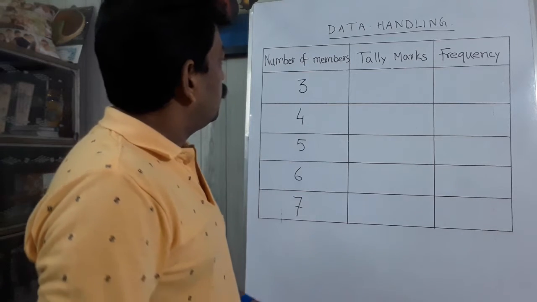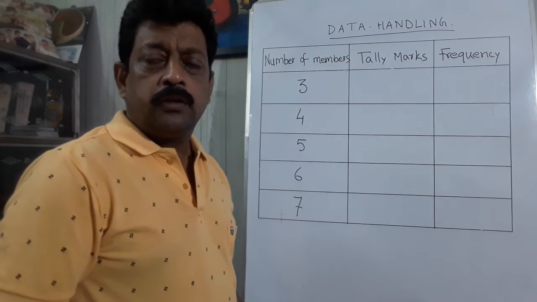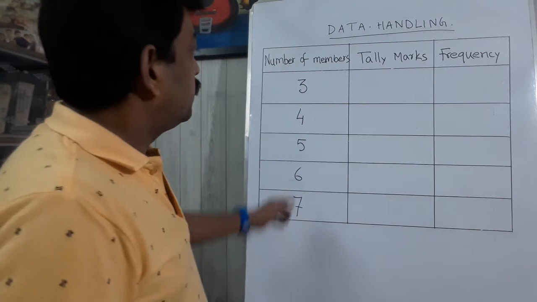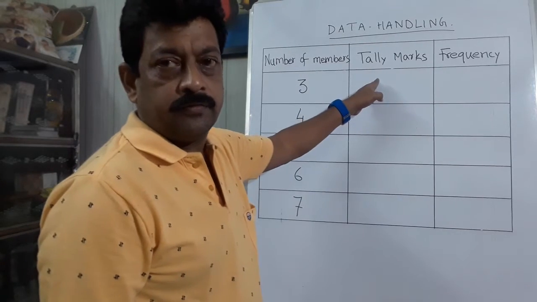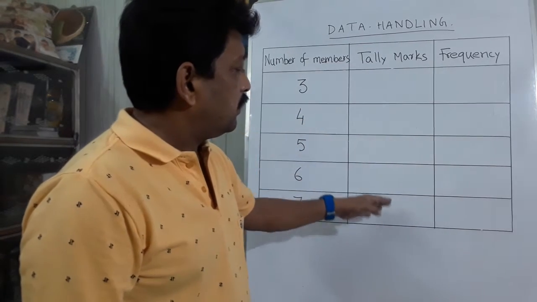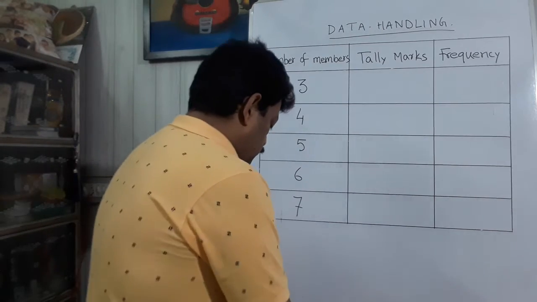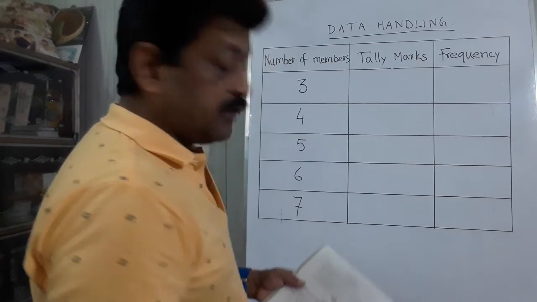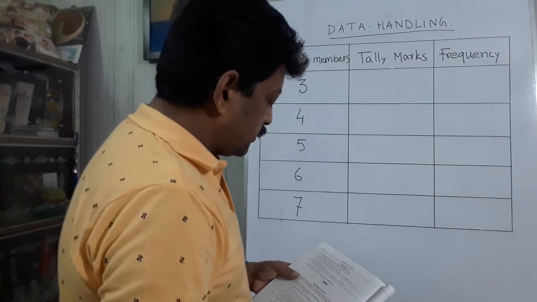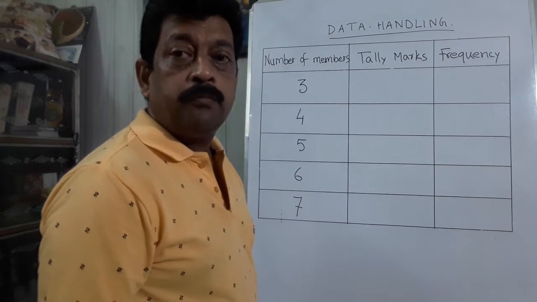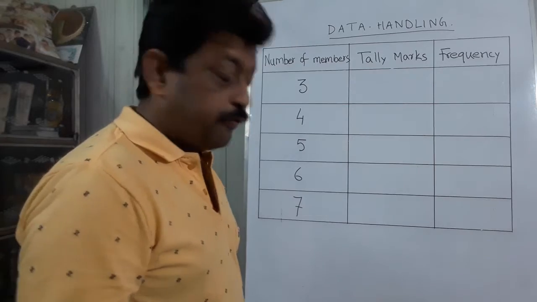Okay. Now, the main, important part. We have to go through the question and one by one put tally marks in the required column. The first observation, as you have seen in the question, was 4, meaning the number of members in a family was 4.